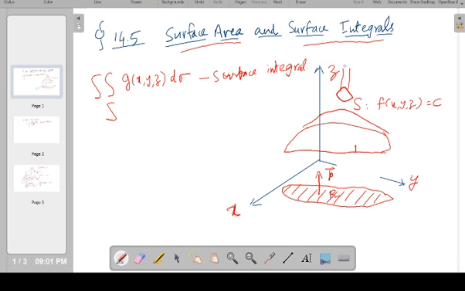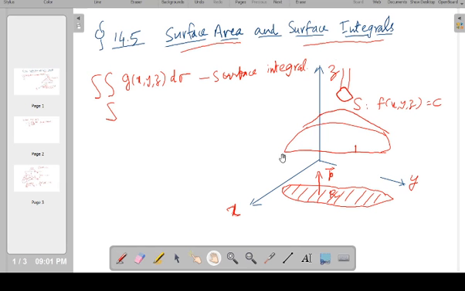So in that case, P can be taken as the unit vector K, which is perpendicular to this shadow region R.